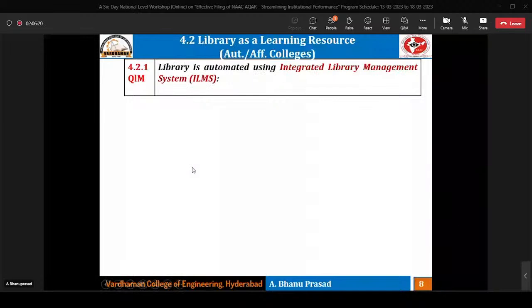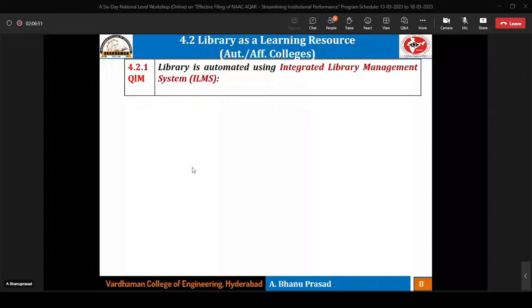So coming to the next criteria, once we have done with all the physical facilities and infrastructure for instruction, we also have knowledge, most importantly, not only in the classrooms but by self-learning. That is what OBE says. Rather than teacher-centric, we have moved to student-centric. So students don't learn only from the faculty or in the classroom.